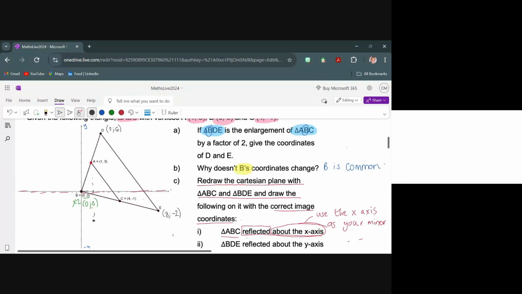So my new coordinate for A, which we write as A with a little apostrophe to show that it's been transformed, is going to be (1, -3).